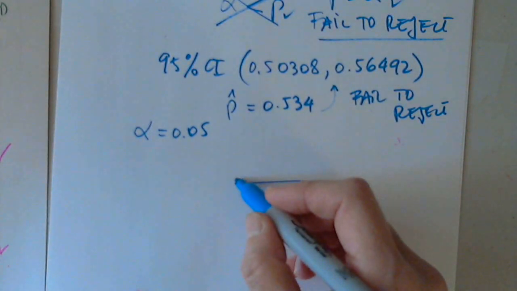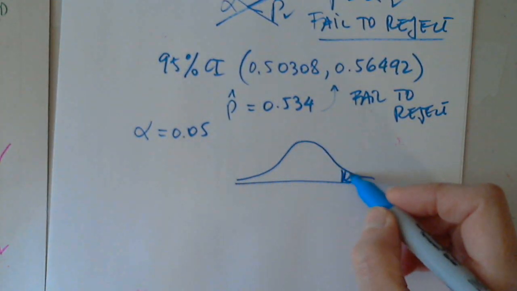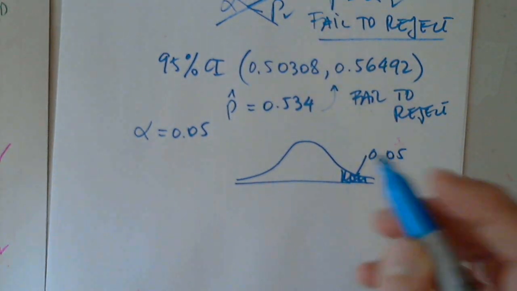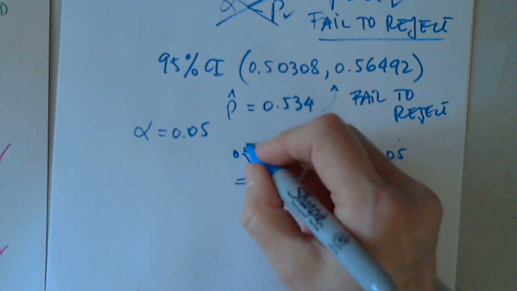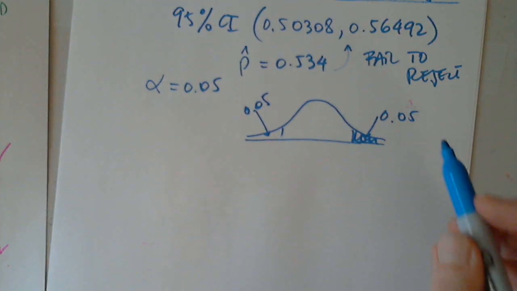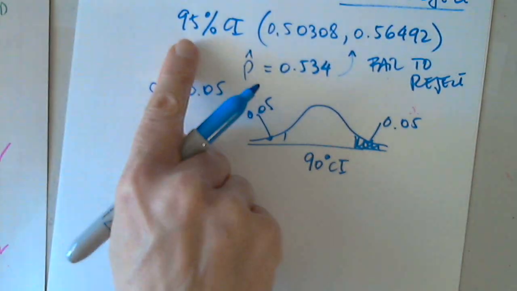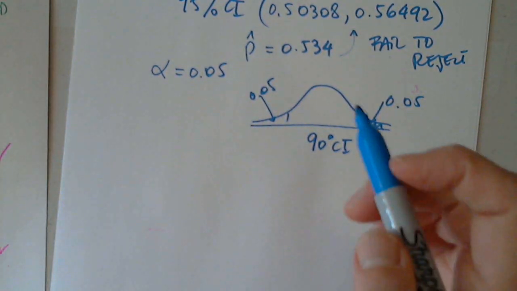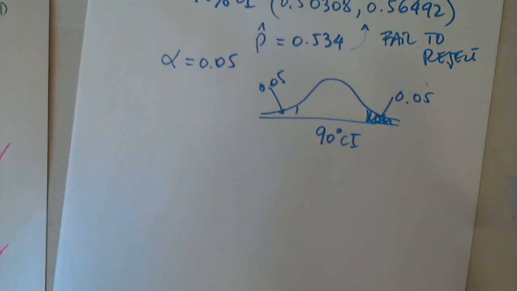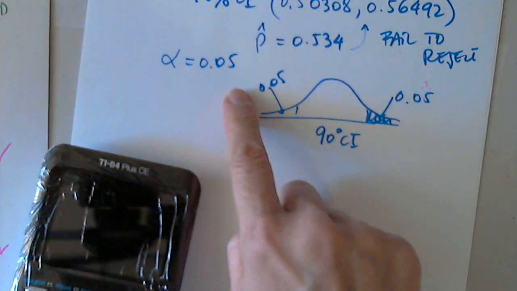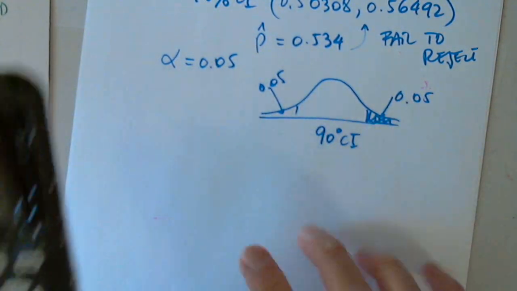If it's 0.05 on this side, then on this side is 0.05. So that means that I'm looking at a 90% confidence interval, not 95%. So let's see what happens now. This is what we did when we rejected the null hypothesis.